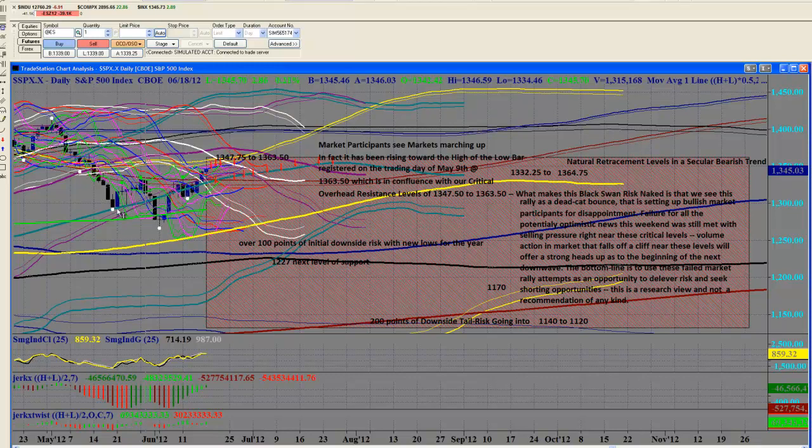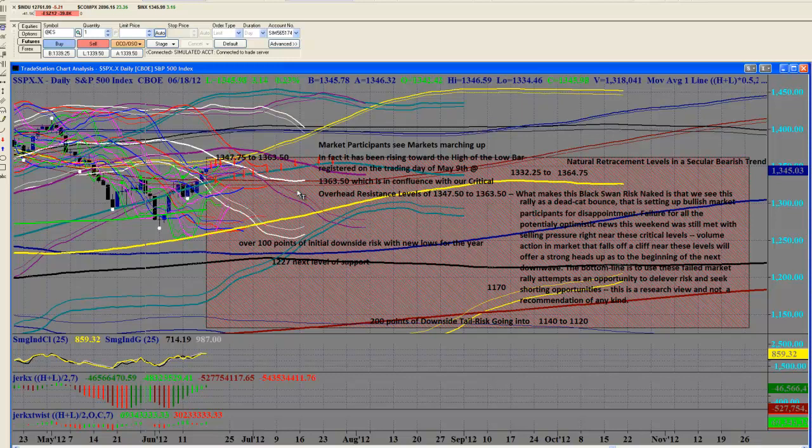But the question, with all traders, is how high and how long could that bounce last? Now, there's another question traders should be posing, and it's not just about how high and how long. It's that no matter how high and how long that market grinds its way up or climbs a wall of worry, are the risks greater on the downside if new information such as negative reports were to come into the market and cause a surprise move?